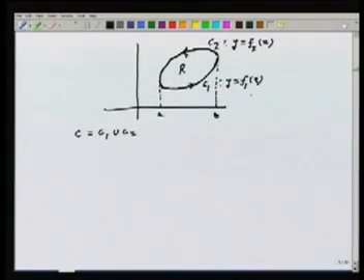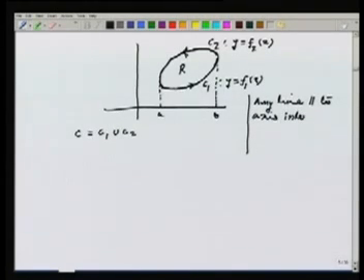The condition is, I will write it here separately, that any line parallel to an axis, it may be the x-axis, maybe the y-axis, intersects C at the most at 2 points.